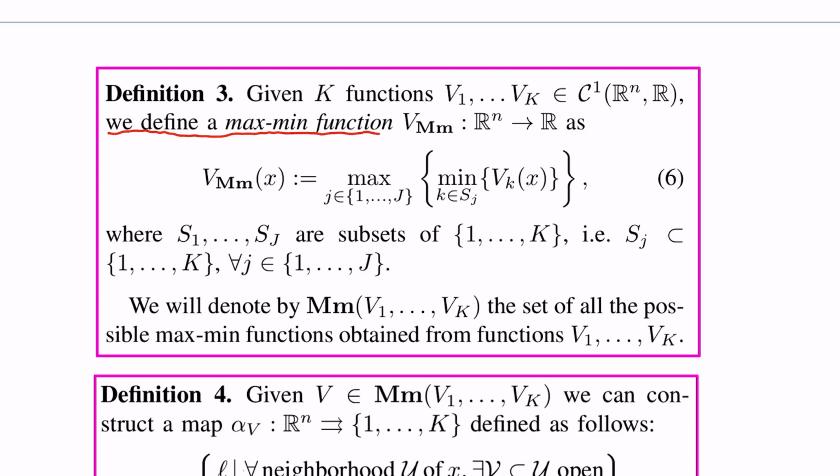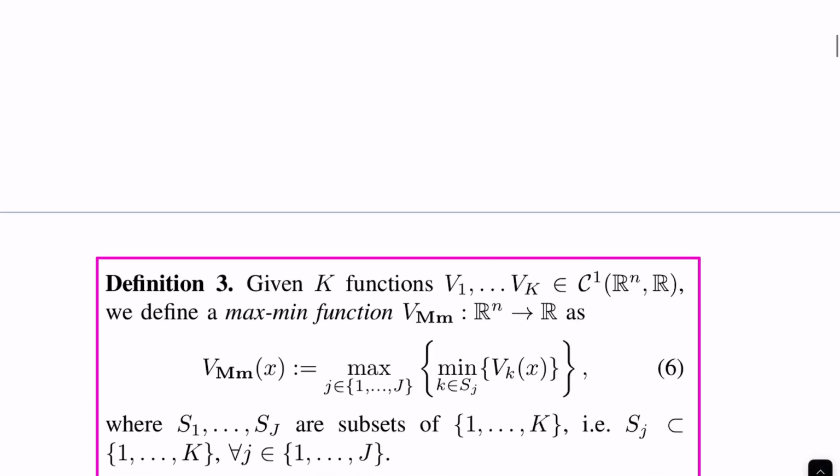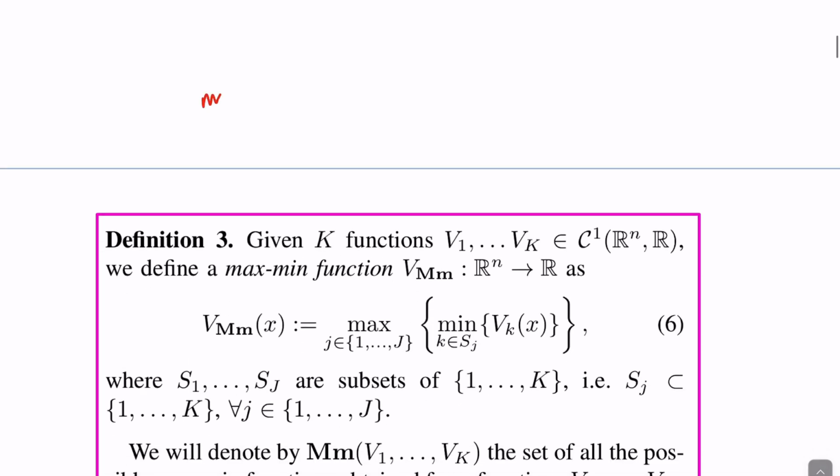A simple thing to point out, but we will be looking at it more and more. We define a MaxMin function, and this is the notation. This is the structure that we have. When you look at it the first time, it might look kind of weird, but we're going to talk about what that is. Basically, you have a max here.